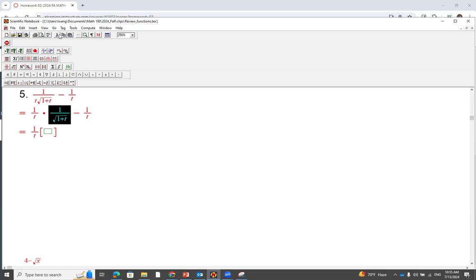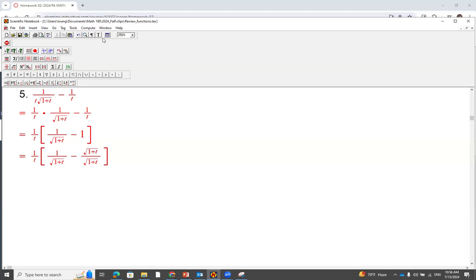And inside the parentheses, we have 1 over root 1 plus t, minus 1. And then we're going to find a common denominator for the bracket, and we just leave out the 1 over t. To get the common denominator, we have 1 plus t in the square root under 1 plus t in the square root.